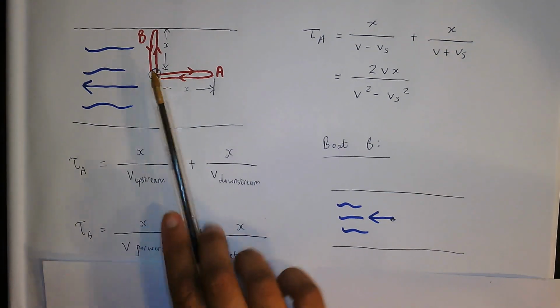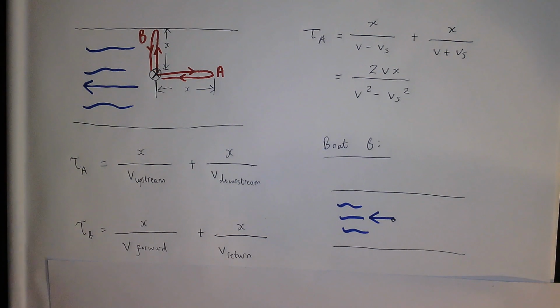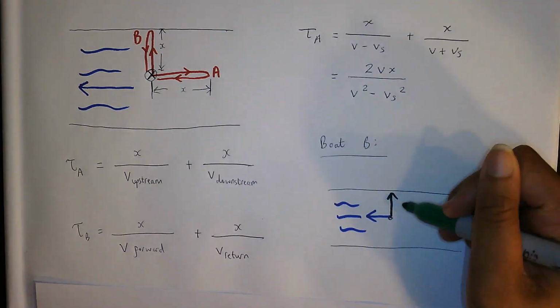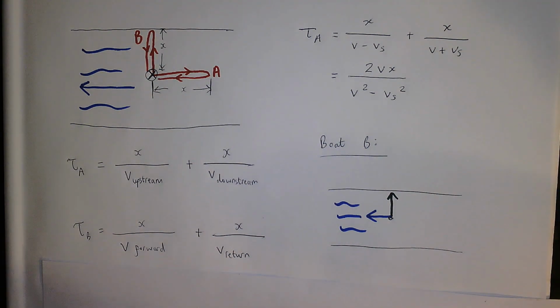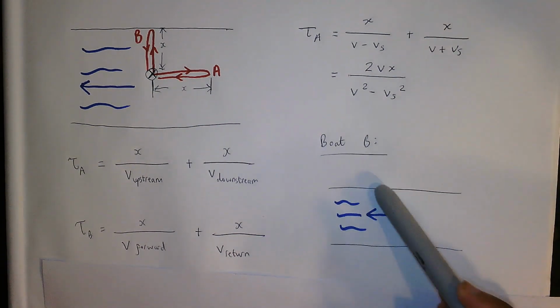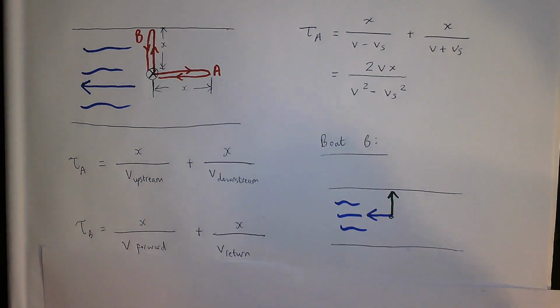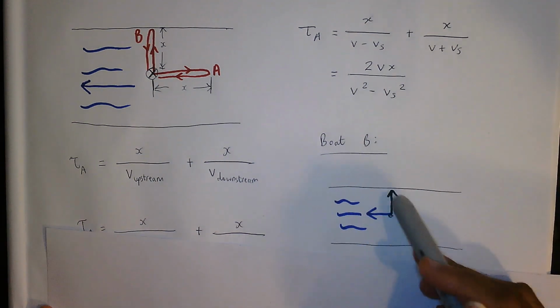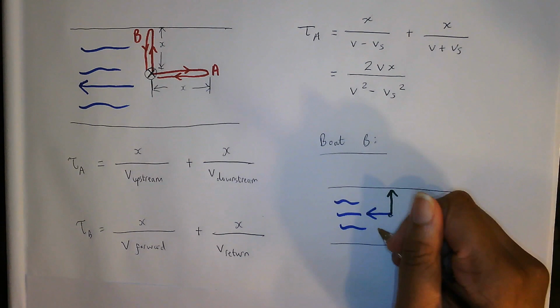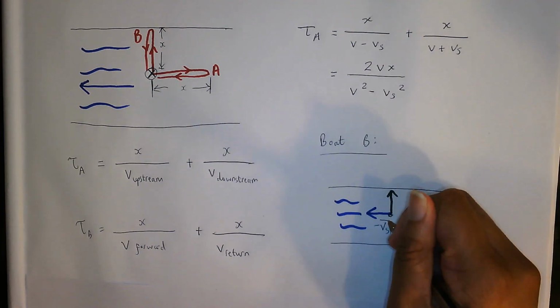So we know that boat B's resultant velocity vector is going to be this. But that means boat B must have been going with such a velocity that the resultant between that velocity and the stream velocity gave this green velocity vector here. So let me just label minus Vs there.